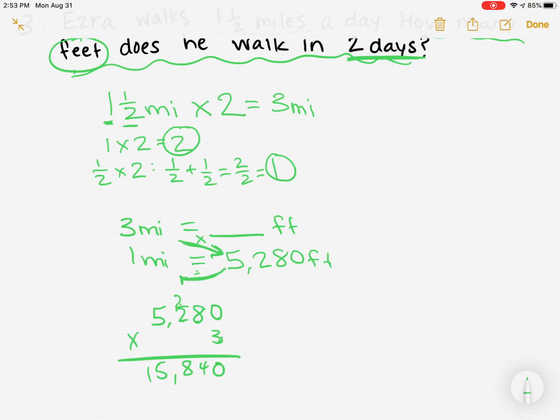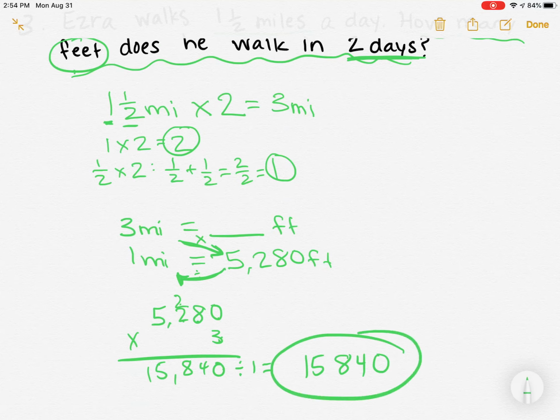So we just multiplied, now we divide to find out that 15,840 divided by 1 is 15,840. Whew, so our answer is 3 miles is equivalent to 15,840 feet. So our answer is exactly that. Ezra walks 15,840 feet.